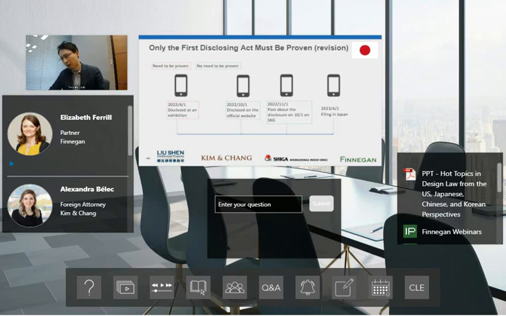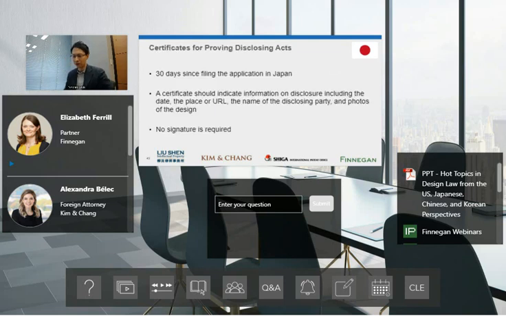Actually, I expected the JPO would relax the requirements. However, the JPO still maintains the other requirements. Especially, it is hard work to prepare and submit certificates within 30 days.